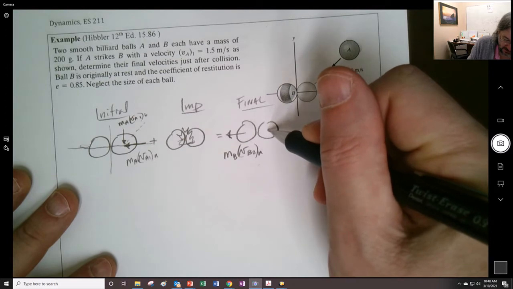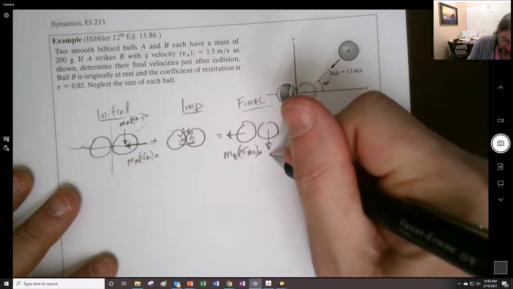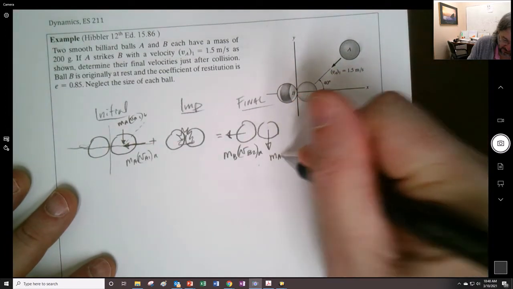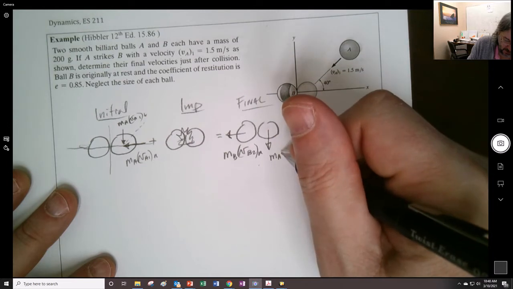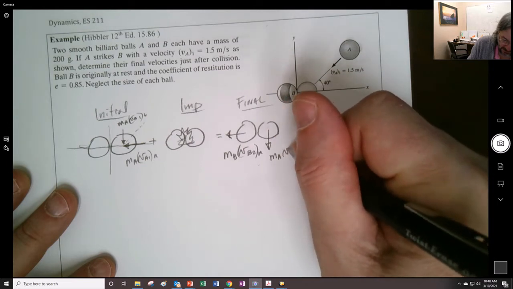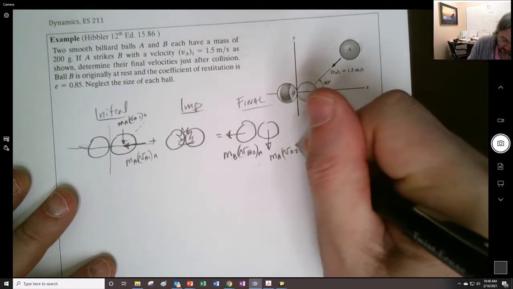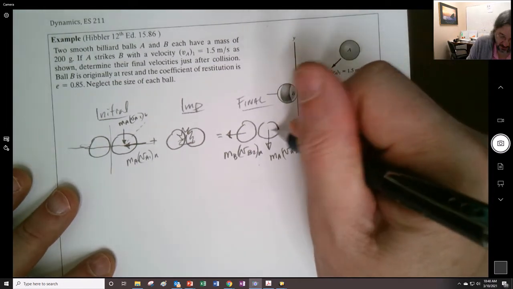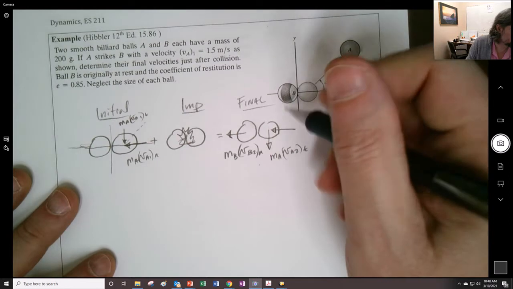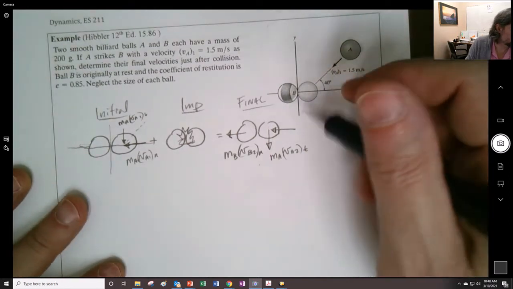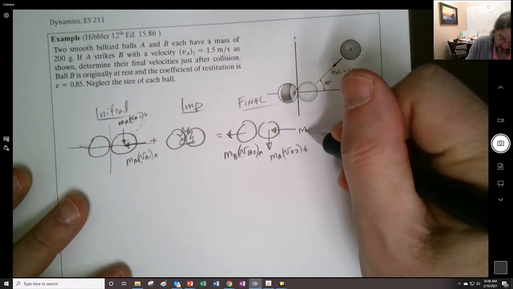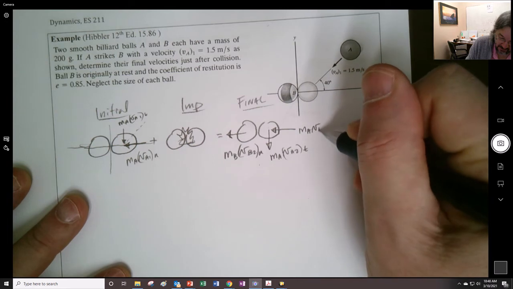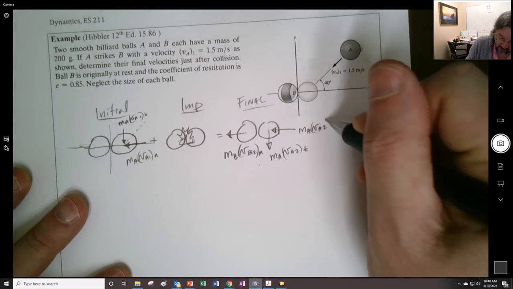But this one is going to have the mass of A, let's call it velocity of A2 tangential. And which way did I draw it? This way. I said that it's going to have mass of A, velocity of A2 normal.